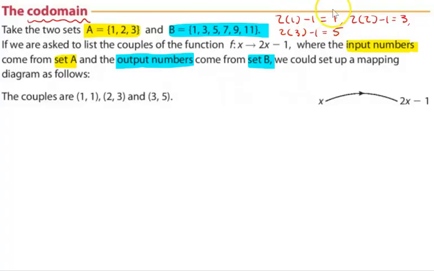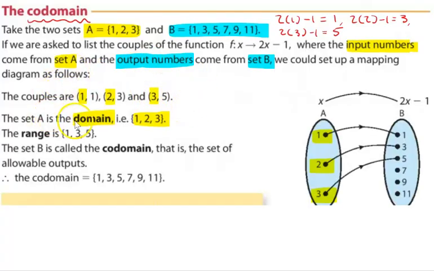So inputting 1, we get an output of 1. Inputting 2, we get an output of 3. Inputting 3, we get an output of 5. So the couples are (1, 1), (2, 3), and (3, 5).